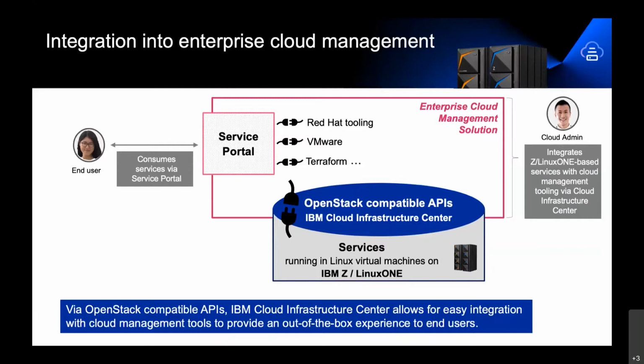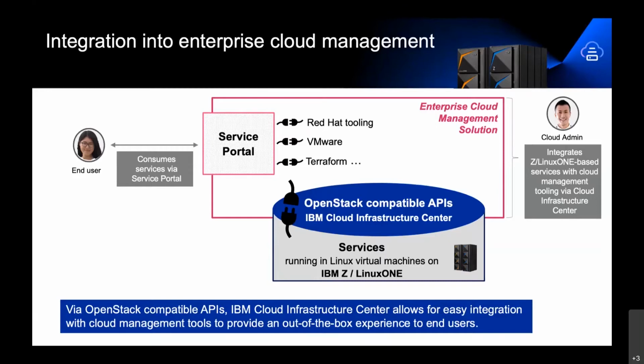We have a specific VMware integration where you could run VMware vRealize and manage environments on x86, on Power, on Z and LinuxONE, all managed from that VMware endpoint, but having Cloud Infrastructure Center in the middle to be the connection between VMware and the Z platform.